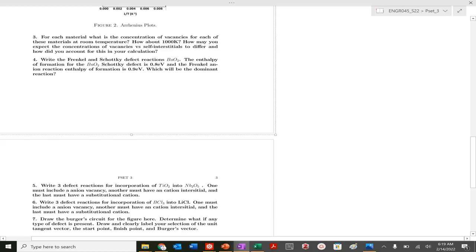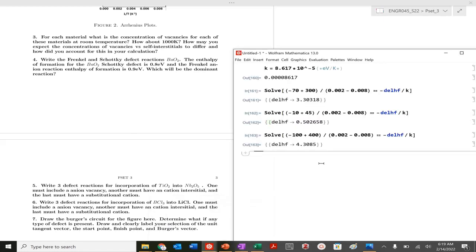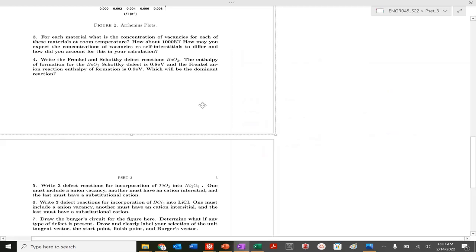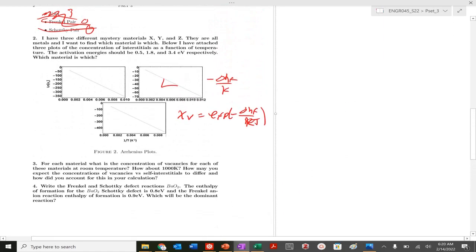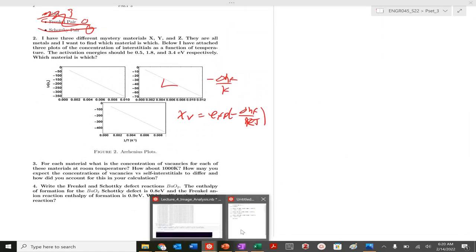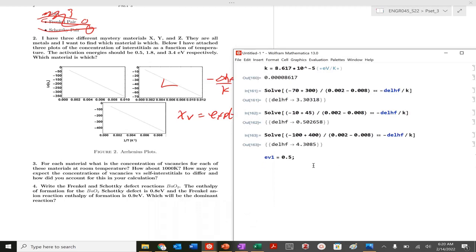So for each material, what is the concentration of vacancies? That was for interstitials. If those are my concentrations, let's just take one example. Let's say we had E_V1 equals, was it 0.5? Let's look up here. E_V1 is 0.5, E_V2 is equal to 1.8, and then E_V3 is equal to 3.4.